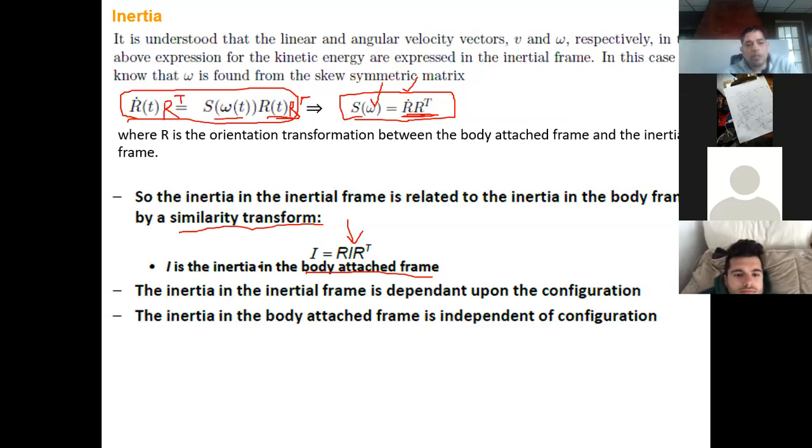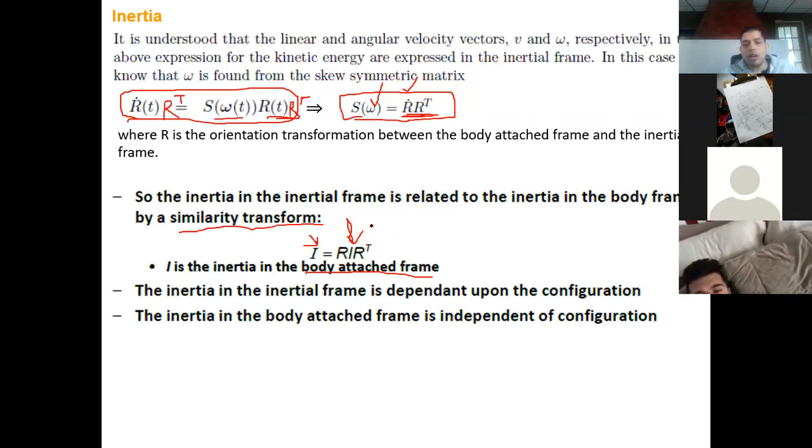So inertia in the base frame is this I, and inertia in the body frame is this I here. Those two I are different. This is big I. Okay, so this is how they are related, and this transformation is called similarity transformation, right?